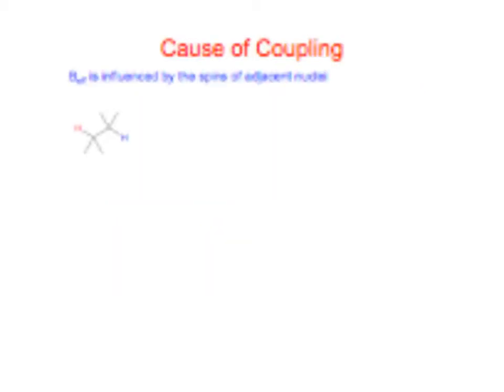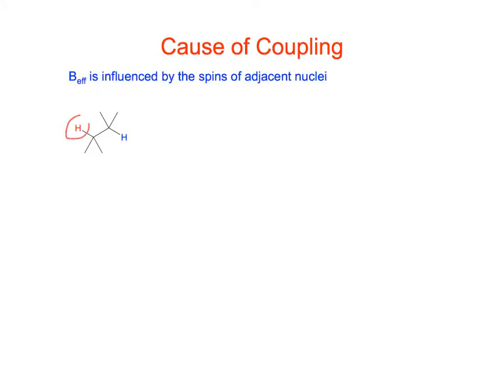The way I like to think about coupling, and there are probably more complicated ways to think about it, is that each of the nuclei, because they have spin, has two different orientations like we've talked about: aligned with the magnetic field and opposed to the magnetic field. If we observe the peak for one of these two protons, we look at the effects of the other proton on it.